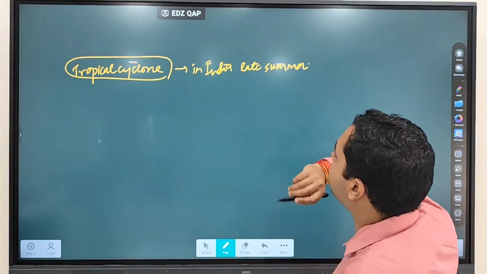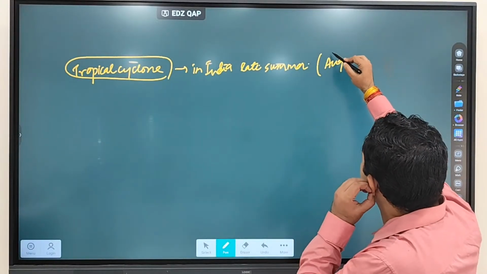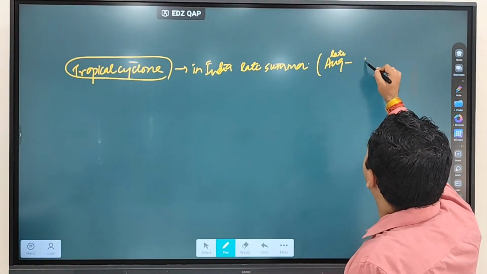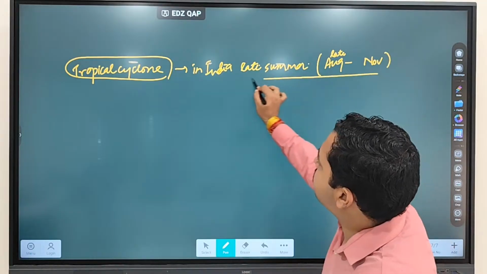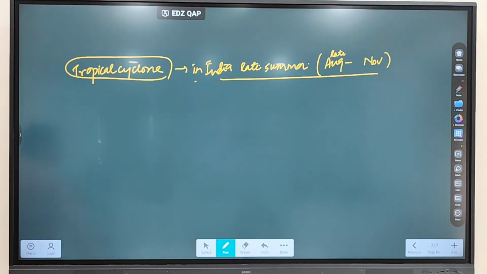You are generally finding cyclones in late summer, from late August till November. You are generally seeing tropical cyclones in this particular period. Why do you see tropical cyclones occur in the late summer months, from late August to November? Why do you see this?